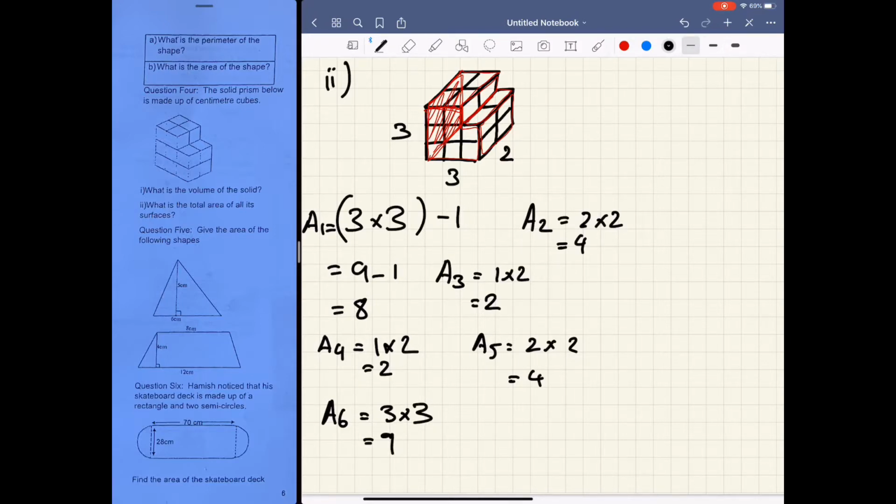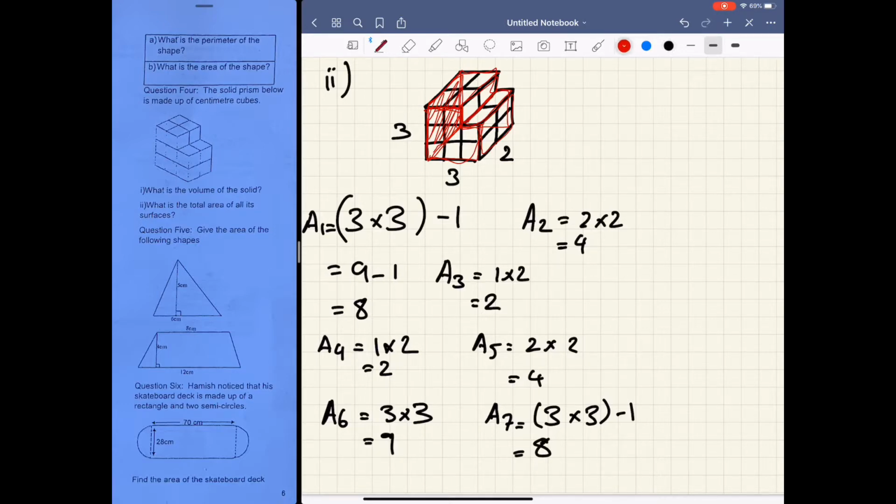And now calculating this area here, but for behind it. So that would just be the same as area 1, right? So area 7, which is the area of the face we can't see, is just, again, 3 times 3 minus 1, which equals 8.